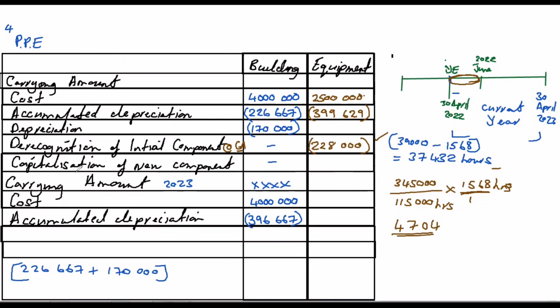And then now they're saying capitalization of the new component. So you capitalize it at what? At cost. Capitalize it at cost. With this one, of course, we had to convert into rands.